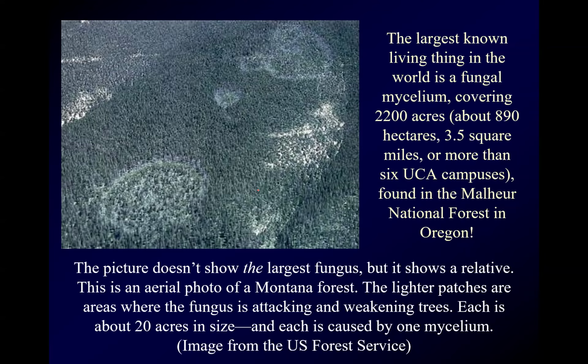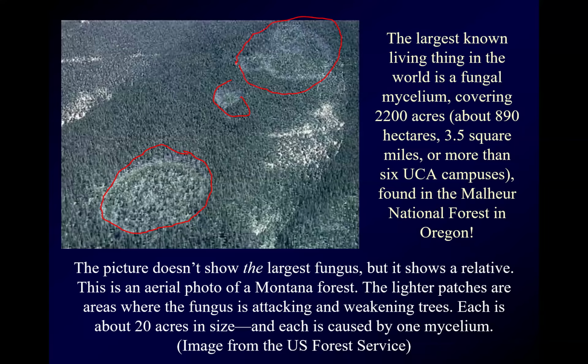I don't have a picture of it, but this is a relative. That's an aerial photo of a forest in Montana, and you can see these light patches like that. I'll circle one for you. And there's another one up here, and then there's this one up here. Those light patches are areas where the trees are not growing very well.